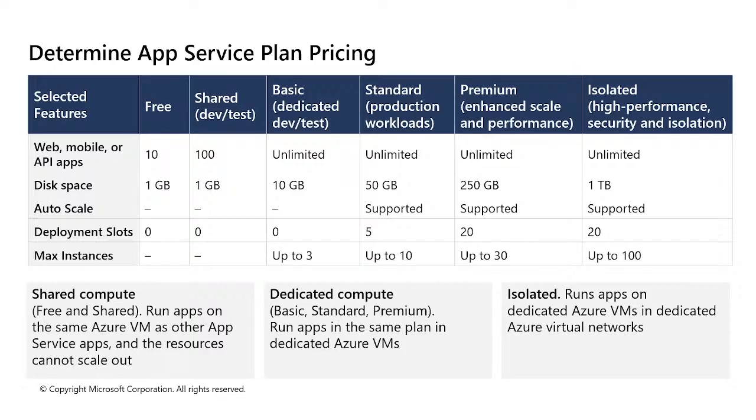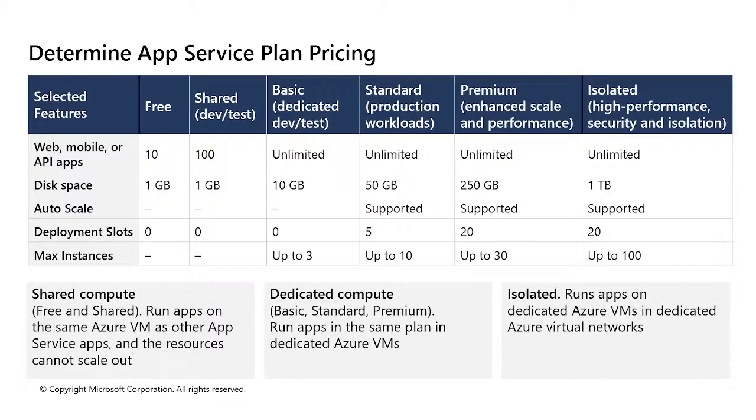So what you need to do is just set the scaling option, or the metrics on how you want your app service to be scaling out, or to leverage on the horizontal scaling, and that will be done for you.